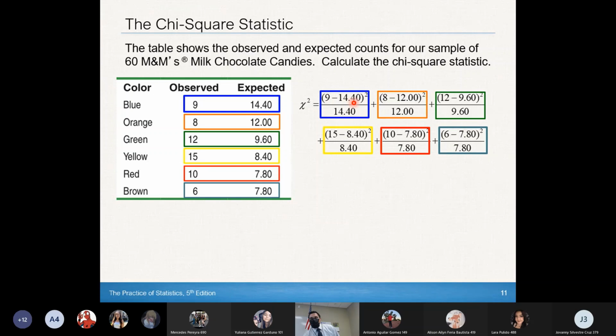We get 9 minus 14.4 squared divided by 14.4. Notice we use the same expected value in the denominator for each of the fractions. It depends on which two values we're comparing. 8 minus 12 squared divided by 12, 12 minus 9.6 squared divided by 9.6, and so on. We have 6 fractions that we're adding all together.